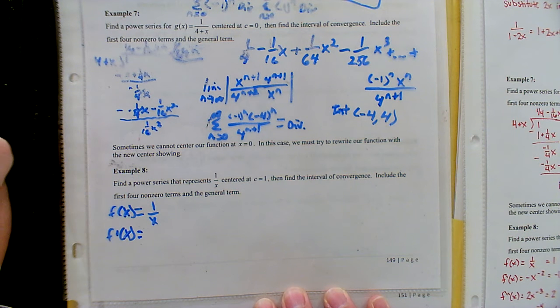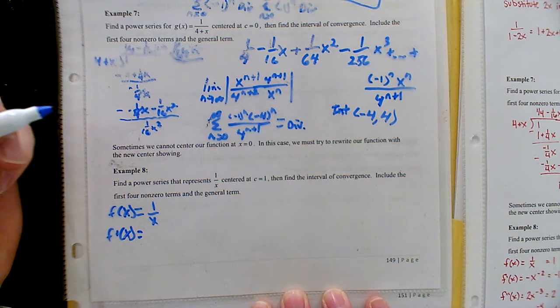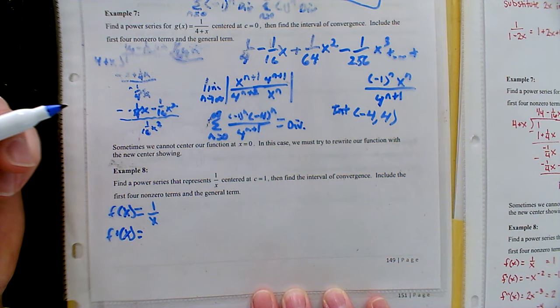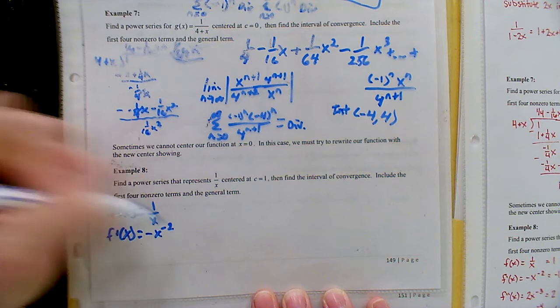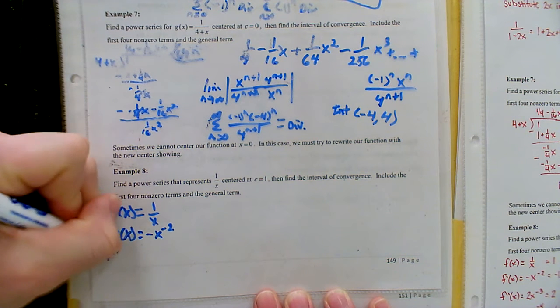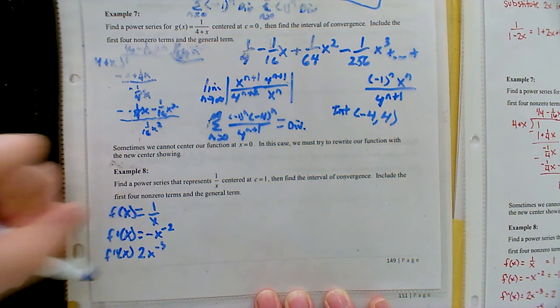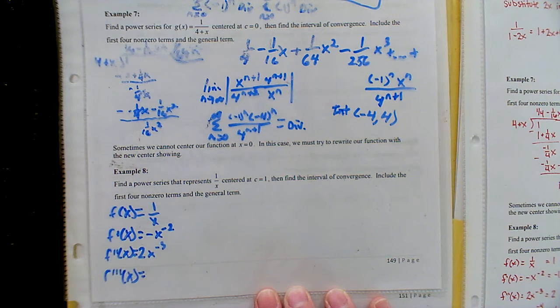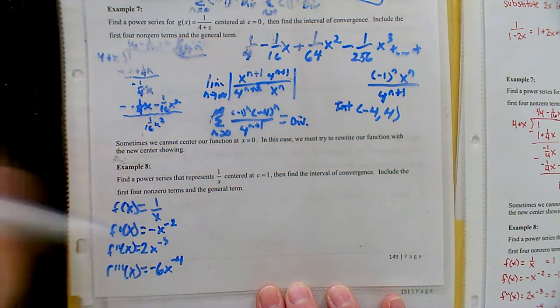What is that? Yep, negative x to the negative 2, and we'll leave it like that because it'll be easier to take the second derivative. 2x to the negative third, and then the third derivative would be negative 6x to the negative fourth.